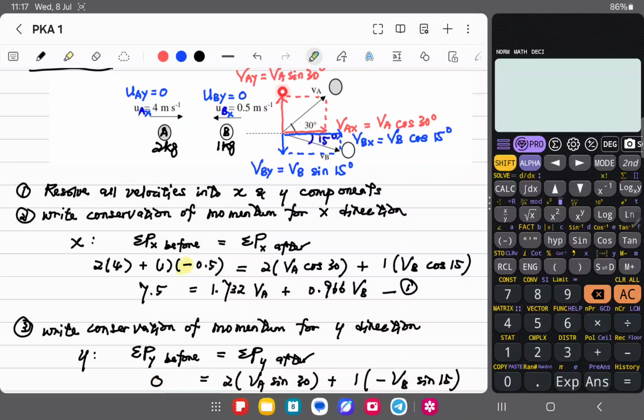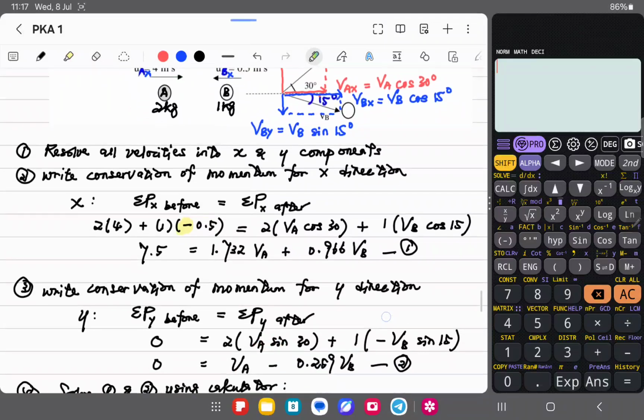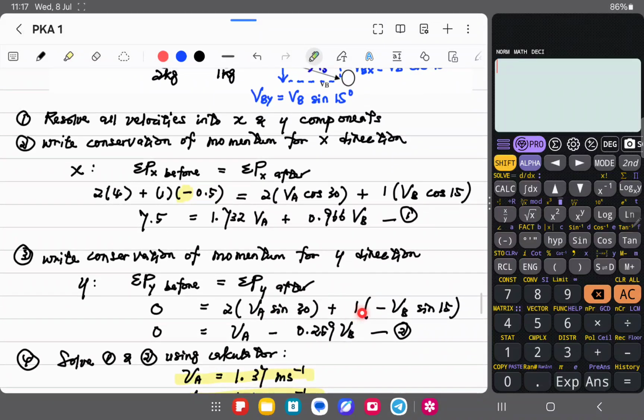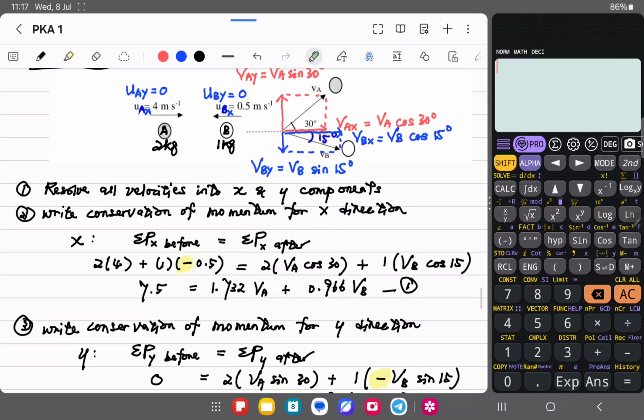After collision, we have velocity component y, VA sin 30 and VB sin 15 for ball B. So we have 2 multiplied by VA sin 30 plus 1 multiplied by negative VB sin 15. Why do we have to put in a negative sign? Because the component y for ball B is pointing downwards.